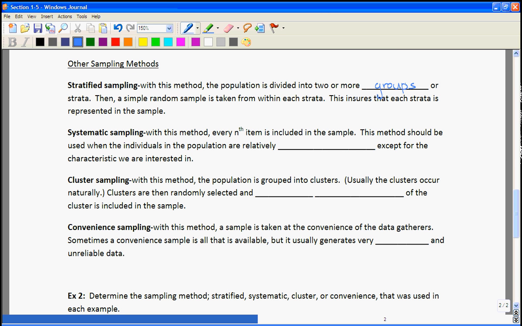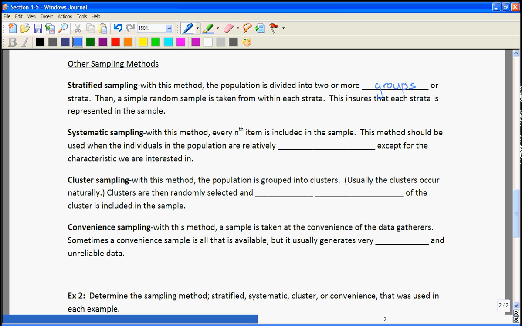So maybe if we divide our group into male and female, we're going to sample so many males and so many females because we don't want there to be a misrepresentation of either sex. And we could make strata across income levels, race, class status, any grouping like that, but we're making sure that each group is represented.